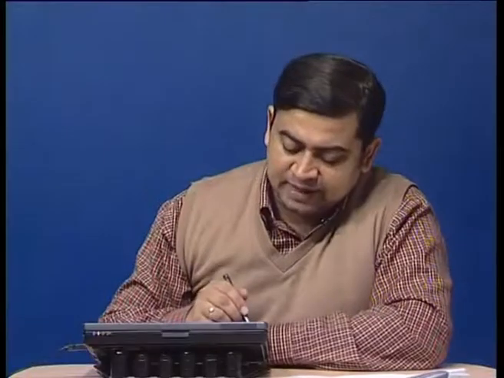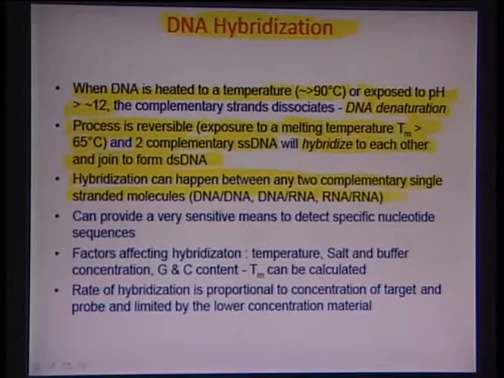So this hybridization protocol can provide a very sensitive means of detection, and it can detect specific nucleotide sequences. If you know what you are trying to detect, or at least have a hunch of what you are trying to detect, you could design an exact complementary sequence and try to hybridize your target with the complementary sequence. In this process a hybridization happens, and there is effectively some kind of immobilization taking place because of it.